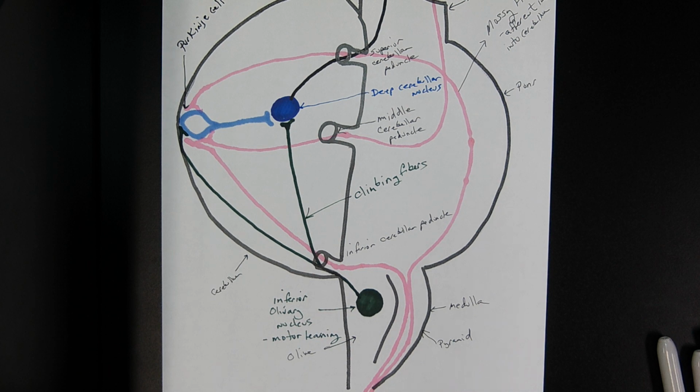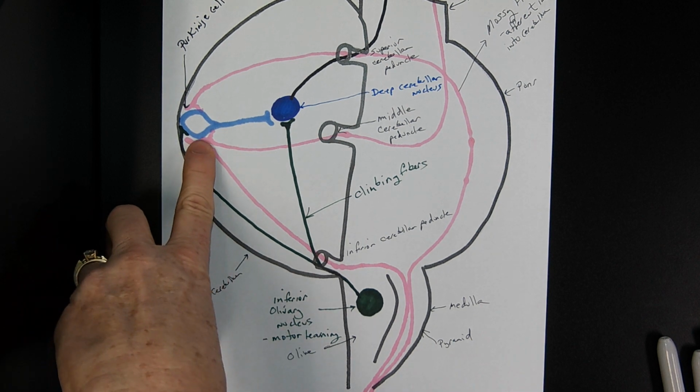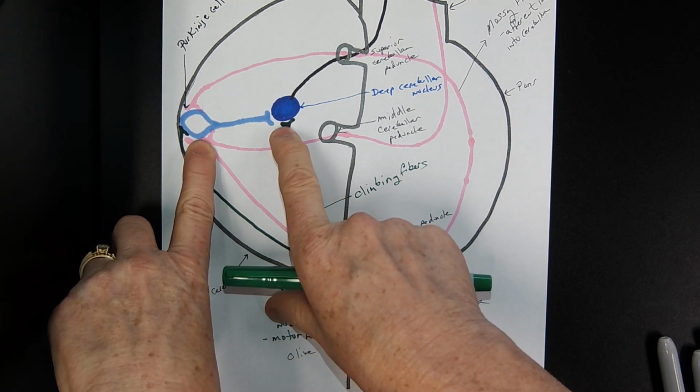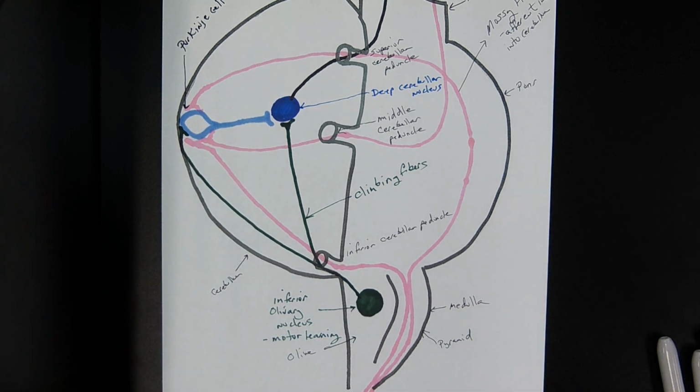In other words, it's keeping track of what was put into your Purkinje cell, and it's also keeping track of what you decide to do with it. So if the outcome was good, then you don't have to change anything. But if the outcome wasn't good, you might have to do some adjustment. That's all about motor learning. Wonderful thing. Okay, let's take a break.